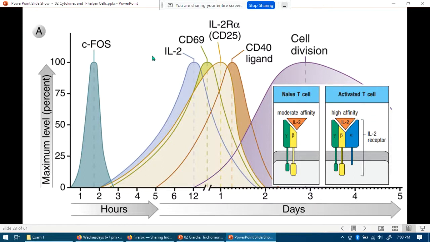This figure is sort of interesting. It shows the protein expression in T cells that were just activated by antigen.